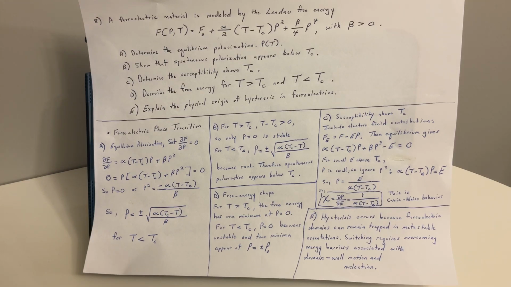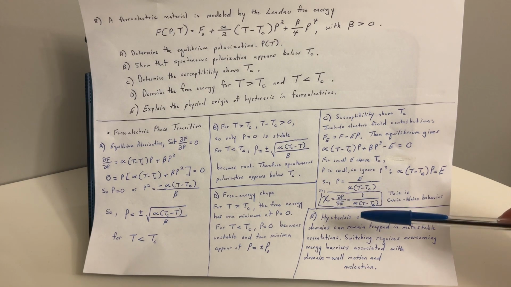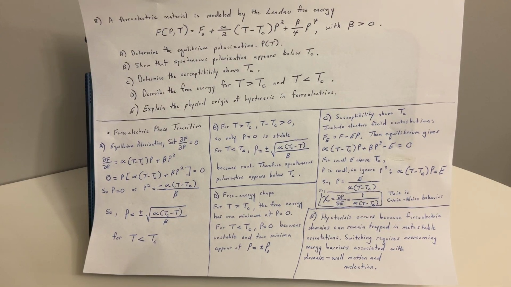Letter E, explain the physical origin of hysteresis in ferroelectrics. Hysteresis occurs because ferroelectric domains can remain trapped in metastable orientations. Switching requires overcoming energy barriers associated with domain wall motion and nucleation.